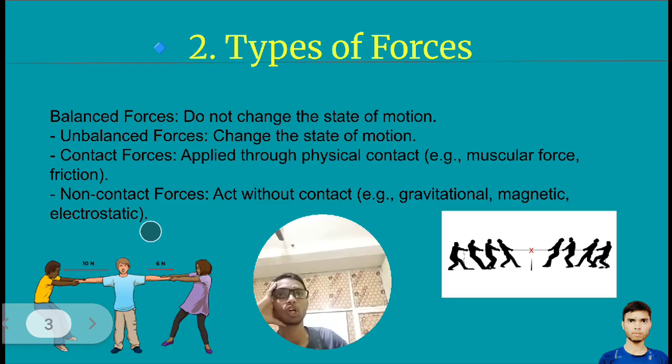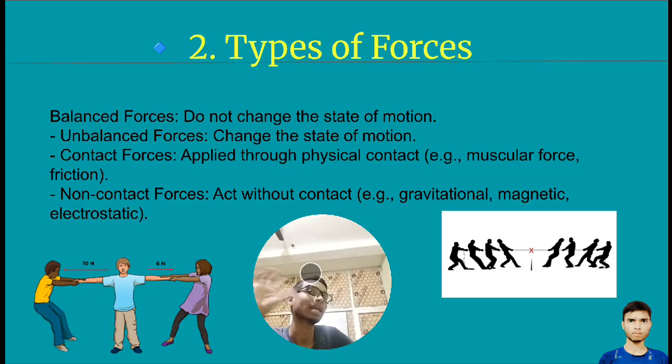Now next we have electrostatic. In electrostatic we have electric charges. If the charges are the same, then both will repel each other. If the charges are unlike, then both will attract each other.